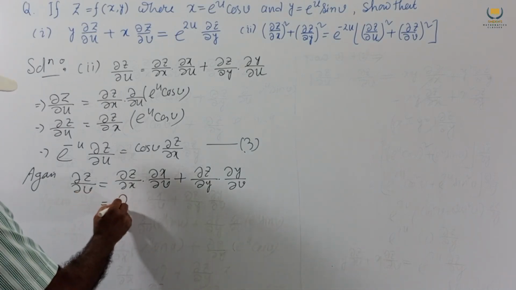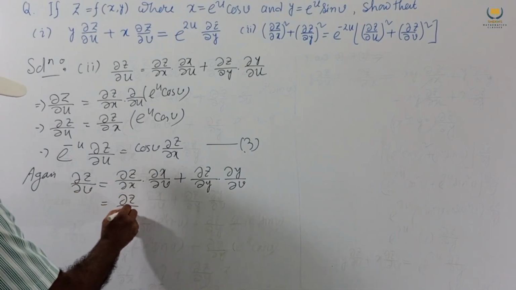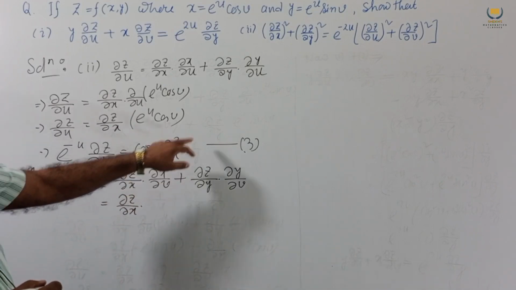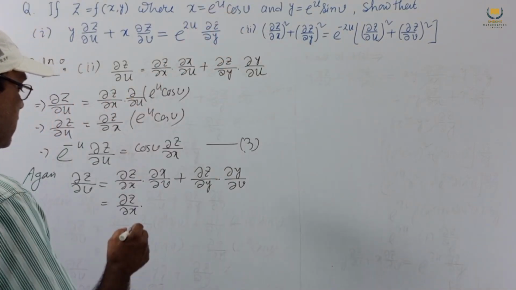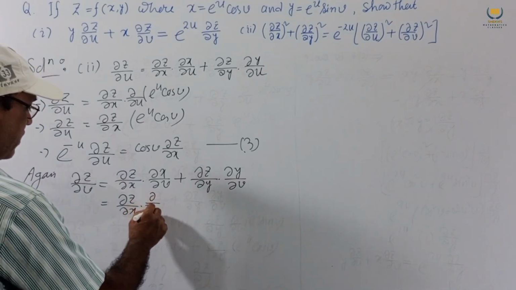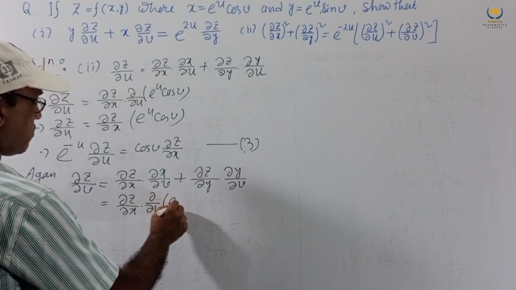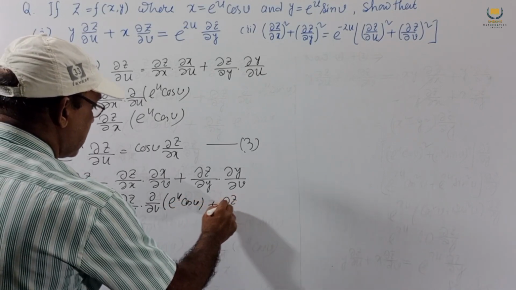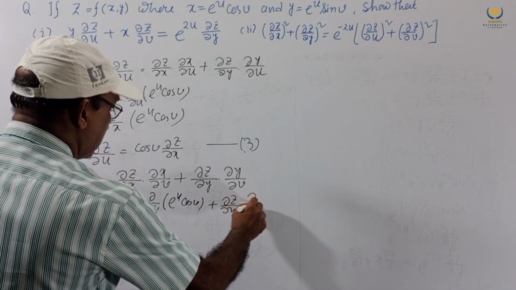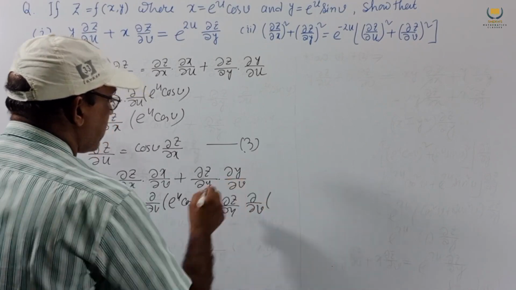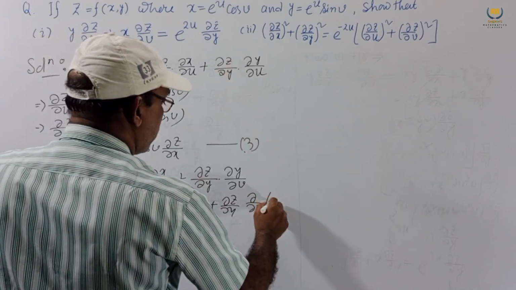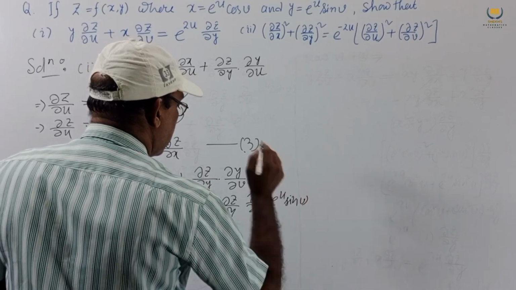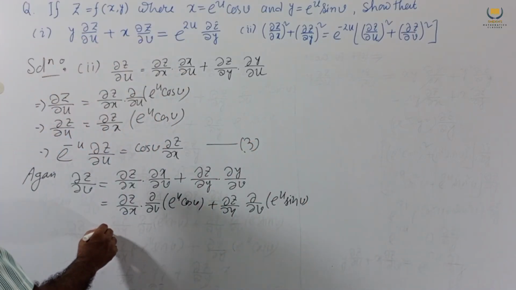And this is del z del x, x means e to the power u cos v, differentiated with respect to v, plus del z del y, y means e to the power u sin v. We get this.